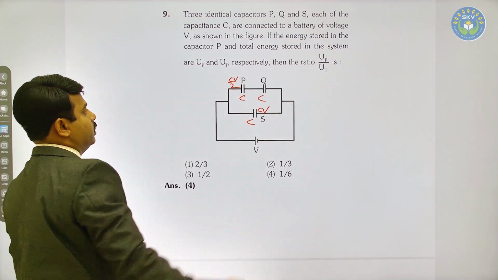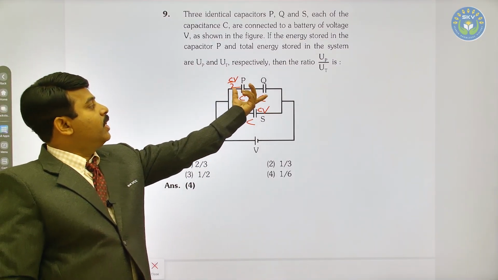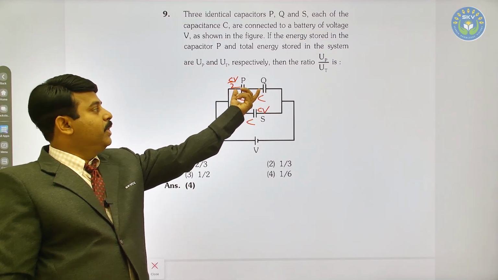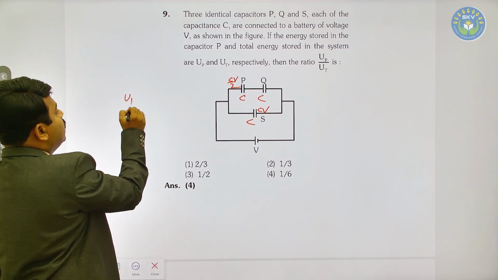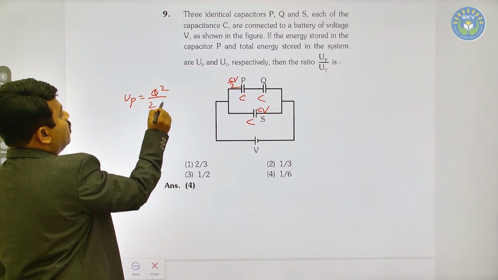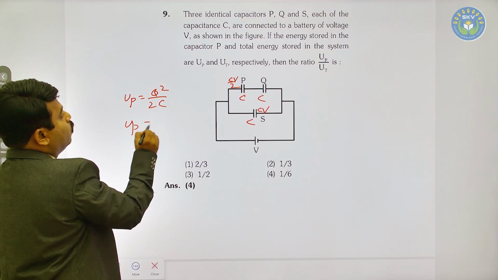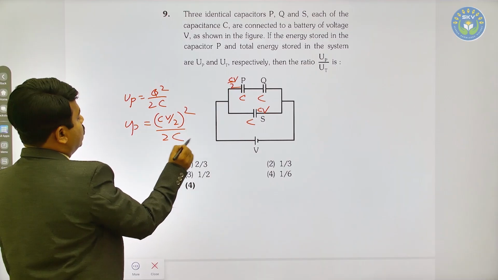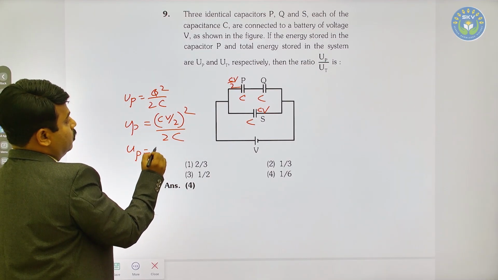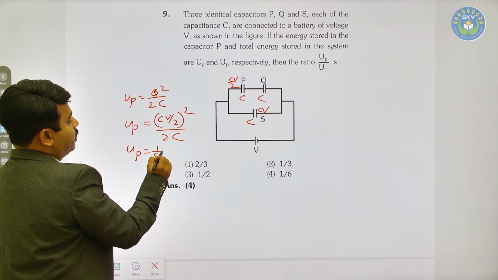Why? Because here it is half the capacitance only, C by 2 only, here C. Now, what is the energy in UP? That is Q square by 2C. That means UP is equal to CV by 2 the whole square by 2C. Then UP is equal to 1 by 8 CV square.